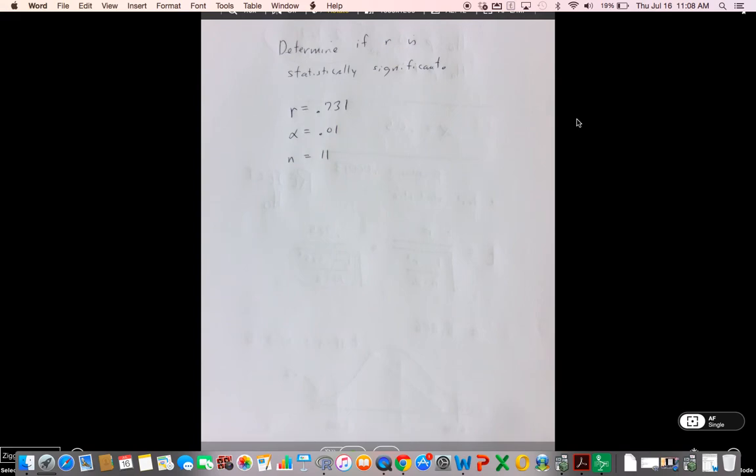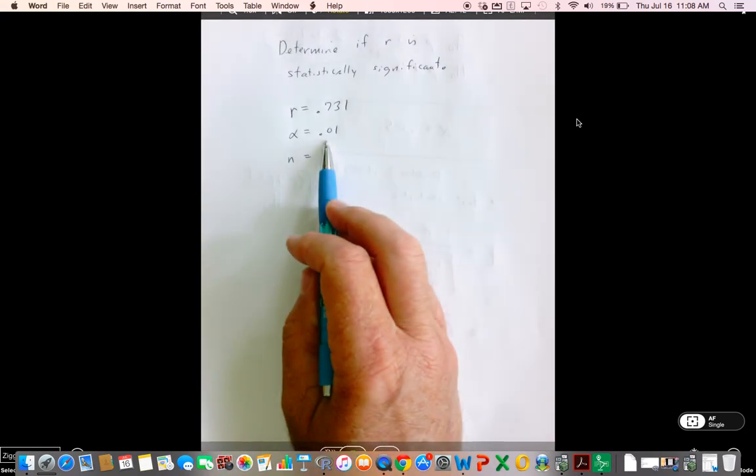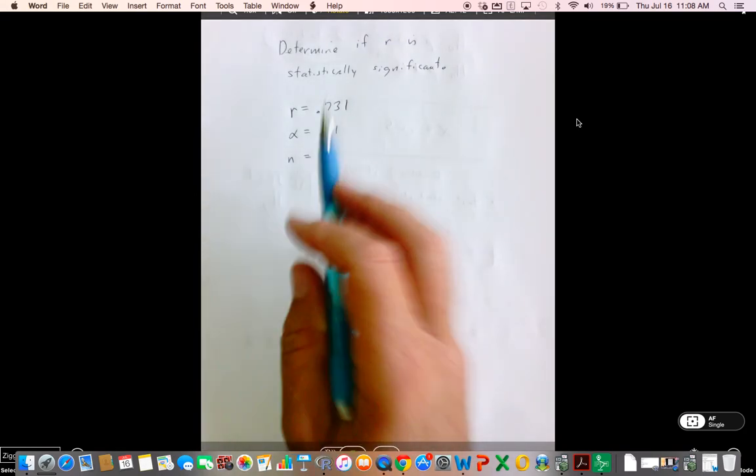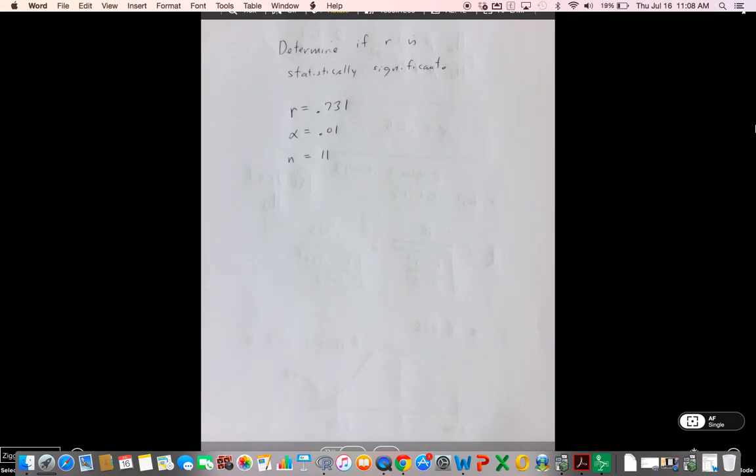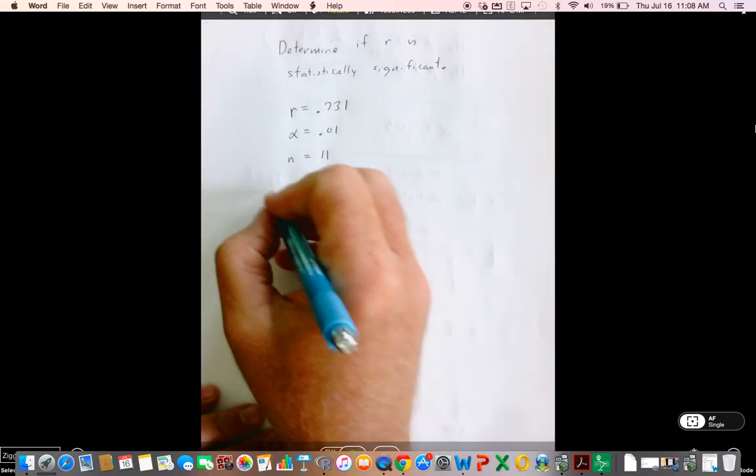So what do we have to do? We have to create our test statistic and our p-value, and compare our p-value to 0.01. If it's less than 0.01, we have statistical significance. If it's not, we don't. So guys, the first thing I want to do is create the test statistic.